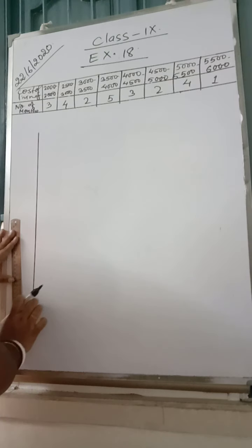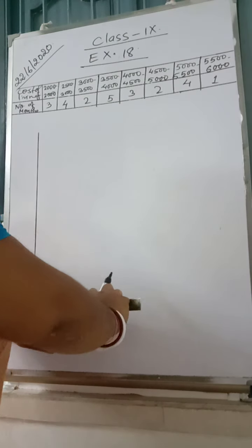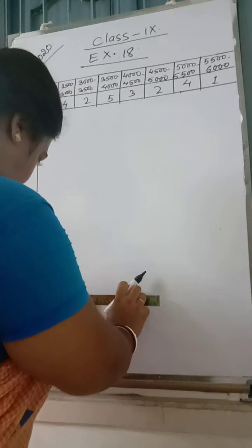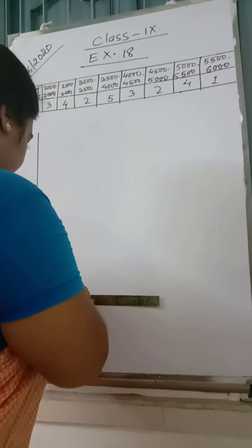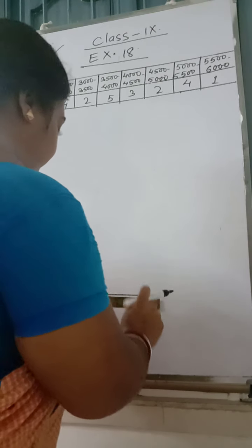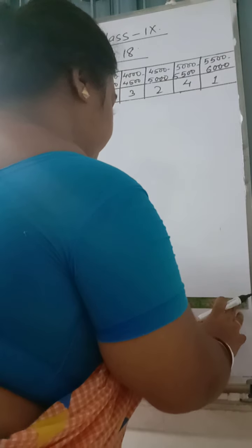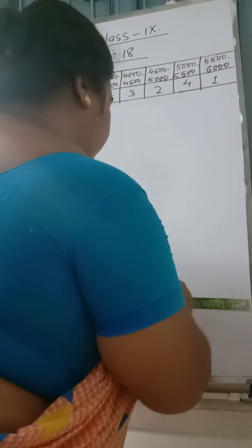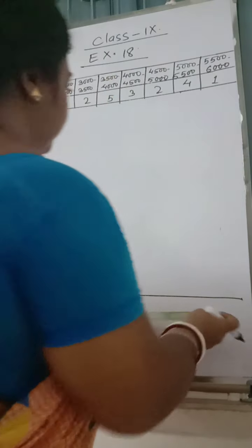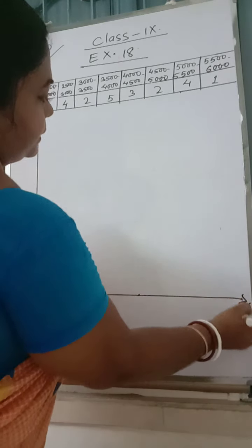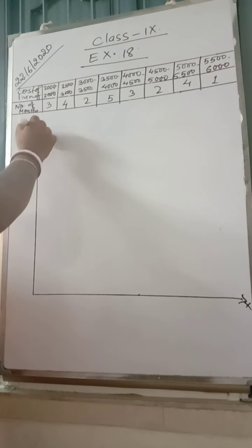I have drawn axis. One second, I am drawing downward. Done. This is the x-axis and this is the y-axis.